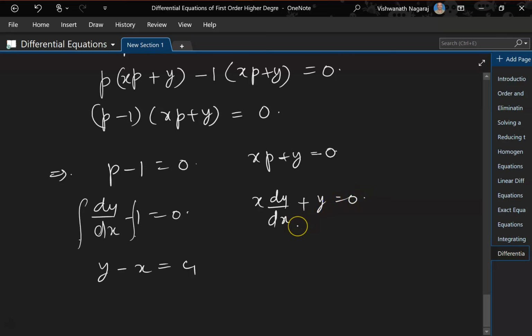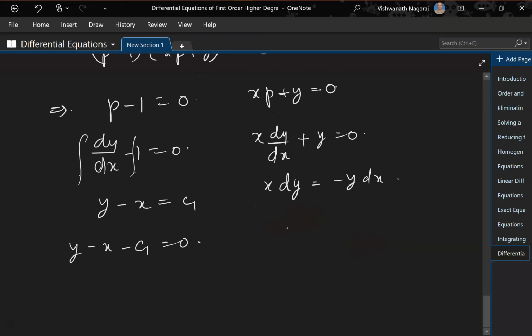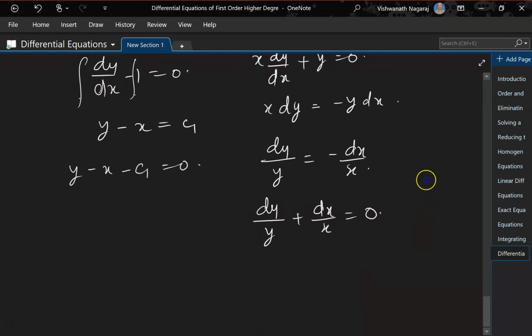Now let's separate out dy and dx, separating the variables. So x dy is equal to minus y dx. So this becomes dy by y is equal to minus dx by x. Let's bring it to the same side. dy by y plus dx by x equal to 0.